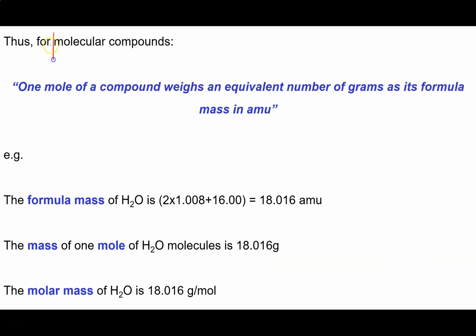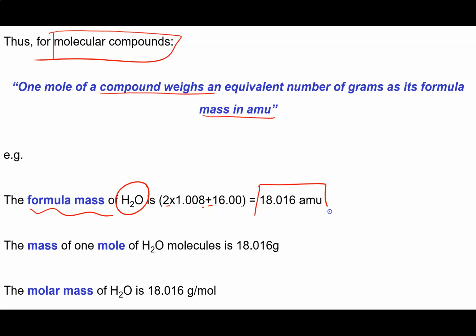The same thing applies for molecular compounds or ionic compounds. 1 mole of a compound weighs an equivalent number of grams as its formula mass in AMU. So if I calculate the formula mass of water, I would take 2 times the mass of a hydrogen atom plus 1 times the mass of an oxygen atom, and that would tell me that one molecule of water weighs 18.016 AMU.